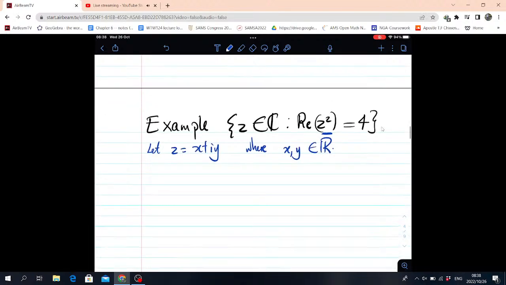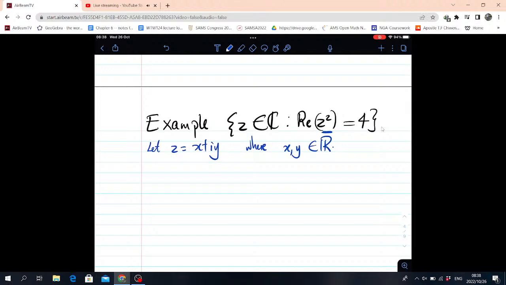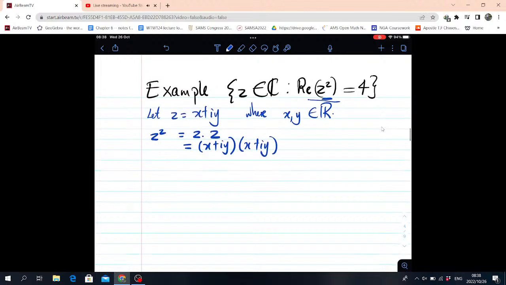And then from here, for us to find the real part of z squared, we have to find what is z squared first. So we say z squared is going to be equal to z times z, which is equal to x plus iy times x plus iy, right? Or yi. Maybe I should use what we have been using all along.